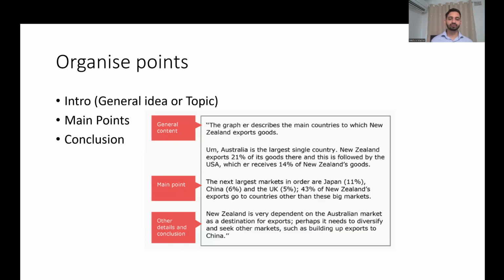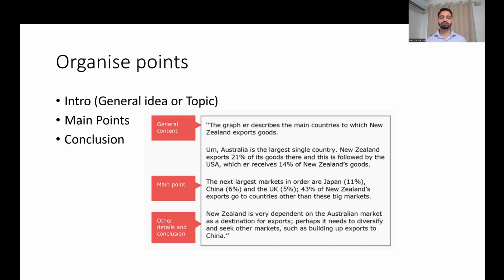New Zealand exports 21% of its goods there, and this is followed by the USA, which receives 14% of New Zealand's goods. And the main point here is the next largest markets in order are Japan 11%, China 6%, and the UK 5%. 43% of New Zealand's exports go to countries other than these big markets.